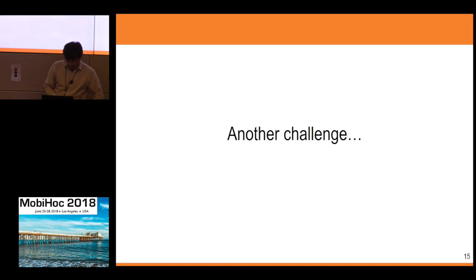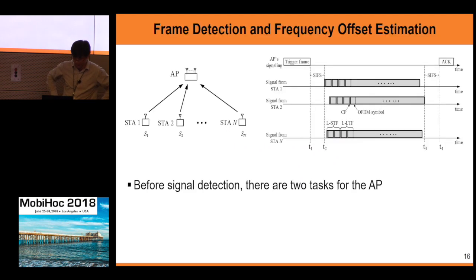Another challenge in the design of uplink multi-user MIMO in an asynchronous network is synchronization. In a Wi-Fi network, the traffic is bursty, so you have one frame and then another frame that is not continuous. Before doing the signal detection at the AP, we need to do two things. First, we need to detect the signal frame.